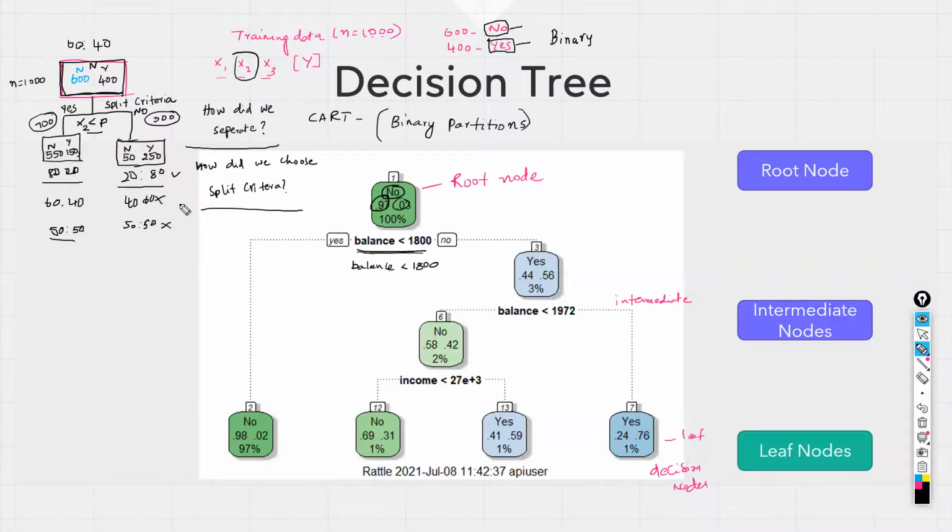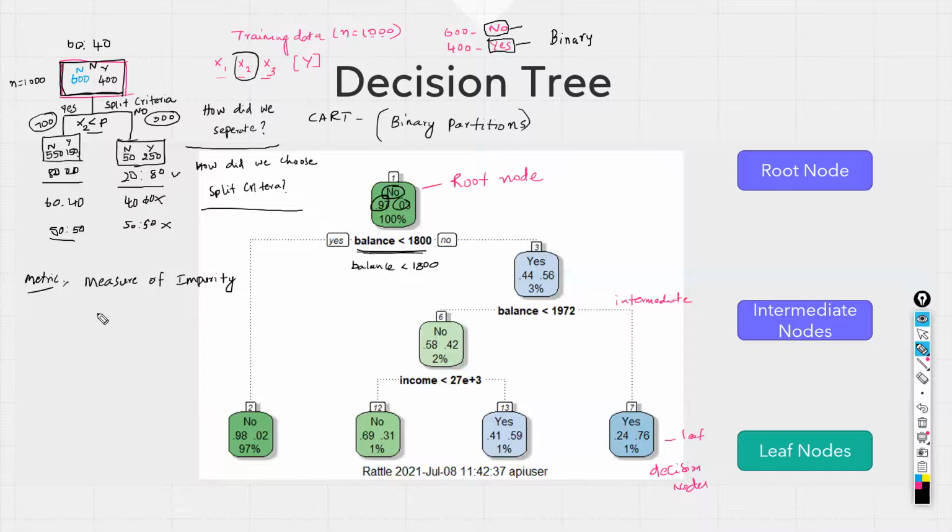Now, how do we decide if the split is worse or if the split is better? For that, we need to use a metric. And that metric is typically called a measure of impurity.